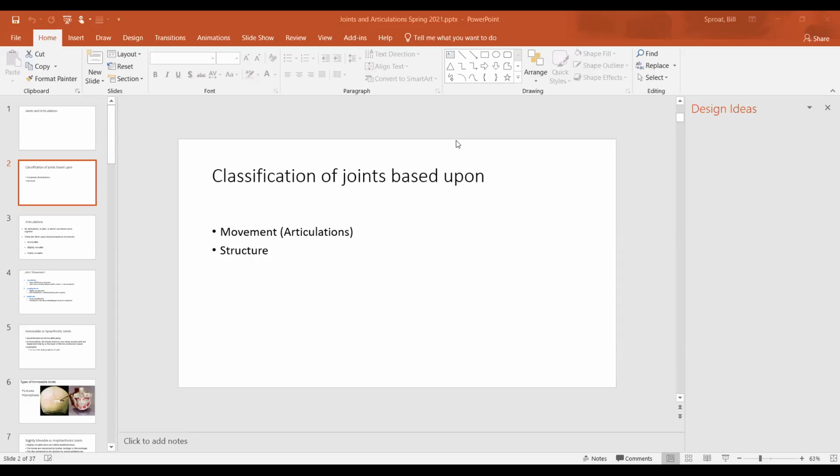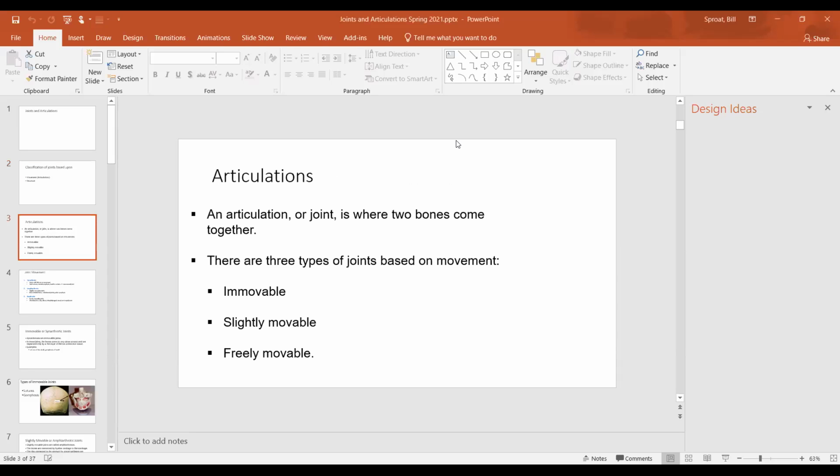That is articulation. That's one way we classify our joints, by movement. How do they move? Structure is how are they put together? What is the structure of the joint? What does it look like? How does it work? So movement and structure are the basis of classifying our joints.